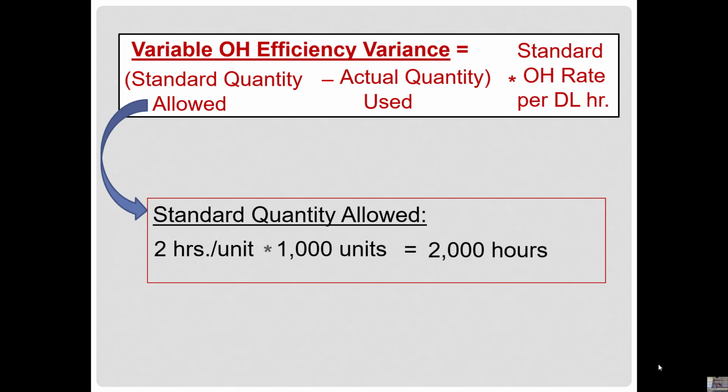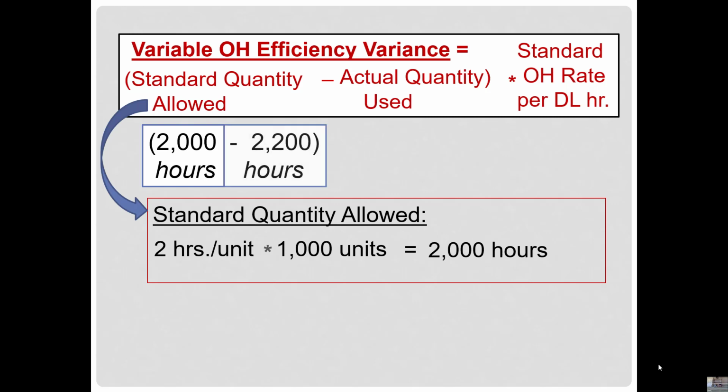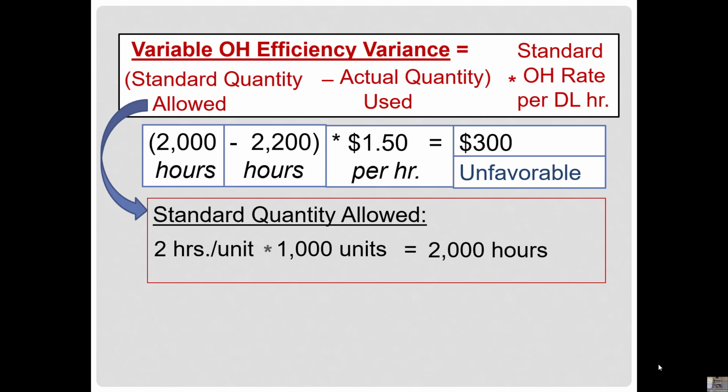We should have used 2,000 hours. So that is our standard quantity allowed. We actually used 2,200 hours. And our standard rate is $1.50 per hour. That leaves us with a $300 unfavorable variance.